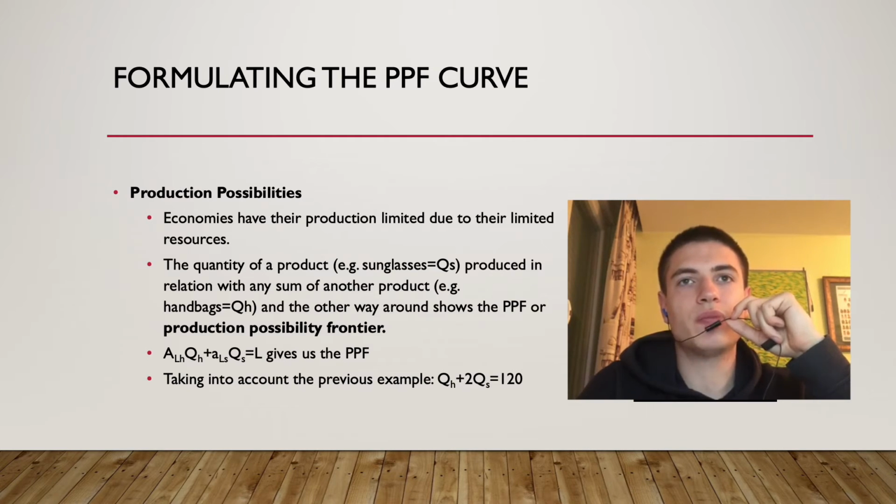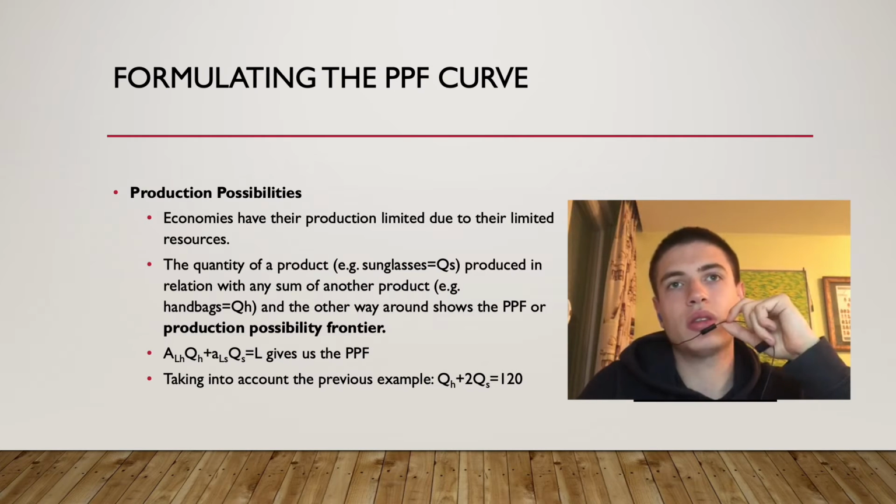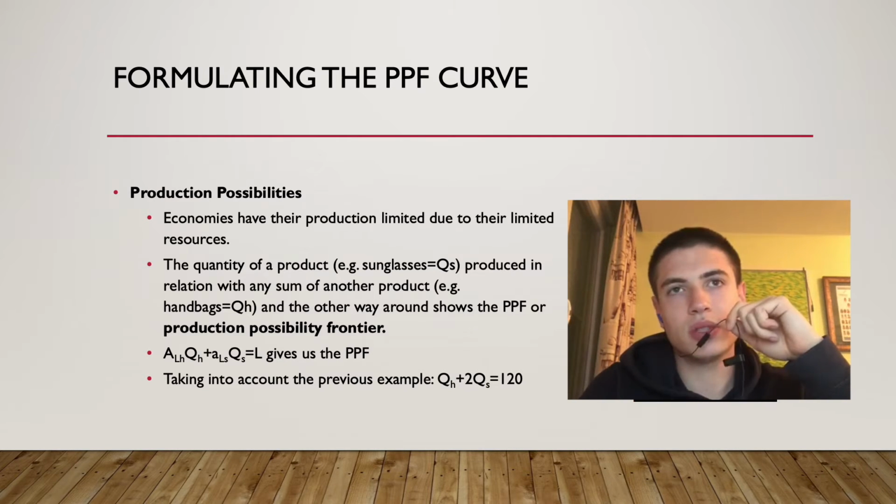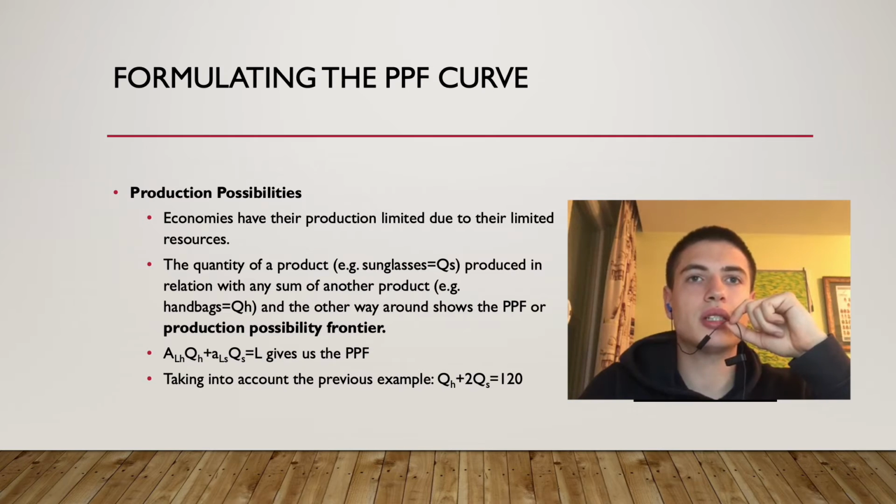That means that with the quantity of a product, in this case sunglasses, that is produced in relation with any sum of another product, in this case again handbags, and the other way around, we get the PPF, or production possibility frontier.